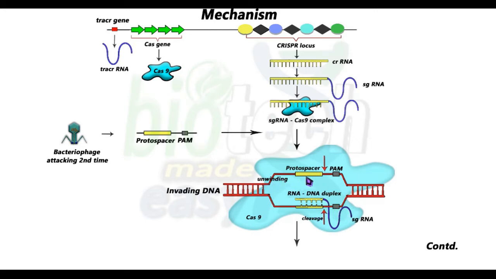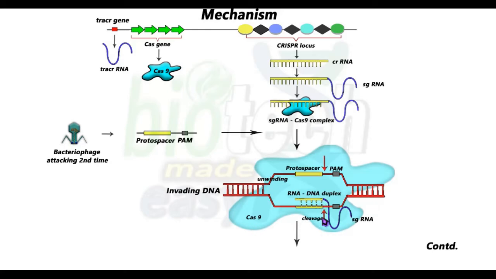So after the unwinding, what will happen? This guide RNA is already there, and this guide RNA will bind to this protospacer. Why will it bind? It will bind because these are complementary sequences. So when they bind, what will they do?